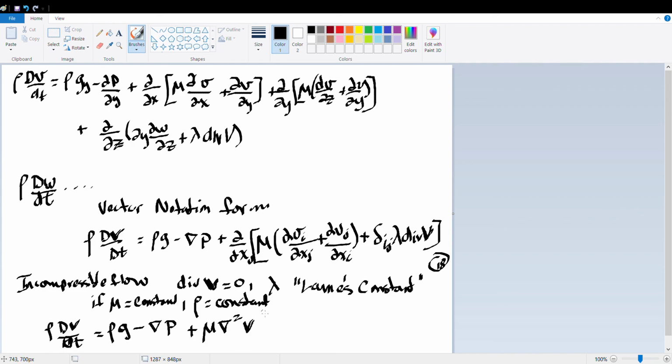And this is basically the Navier-Stokes equation.